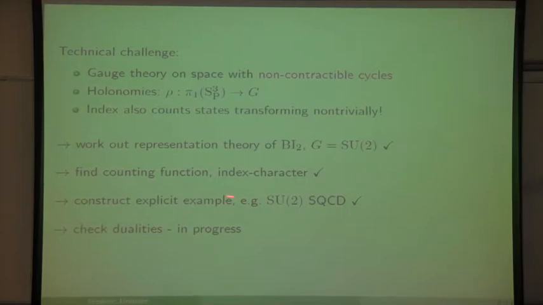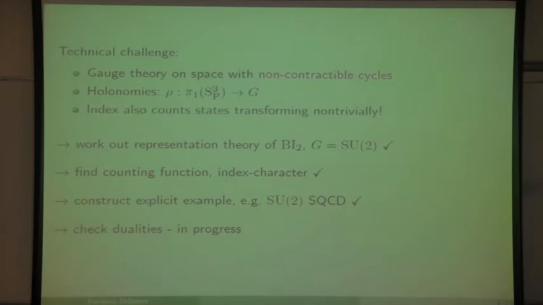I have constructed one explicit example, namely N equals 1 SQCD with an SU(2) gauge group. I won't show you the result, it's really lengthy and consists of generalizations of q-Pochhammer symbols. It's all a mess, interesting to study but not nice to look at.